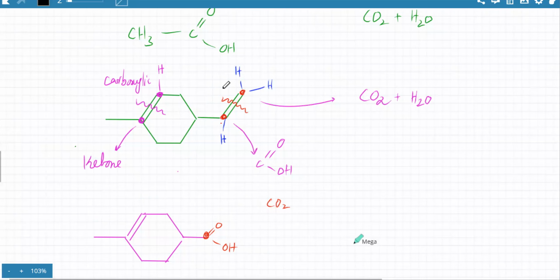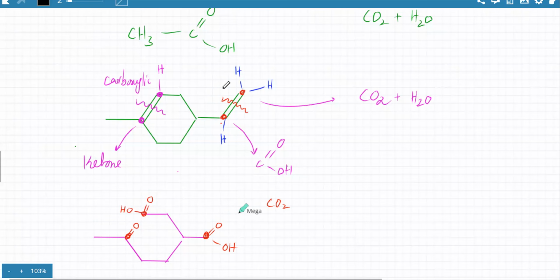The carbon dioxide has broken away. What about this one? The double bond in the middle. Let me draw the carbon atoms. The double bond in the middle went away. This carbon atom changed into a ketone, so it's C double bond O, and this one changed into a carboxylic acid, so that's C double bond O and OH.